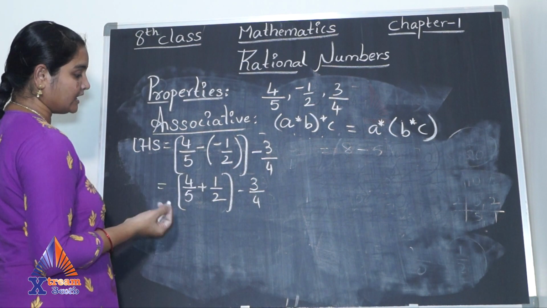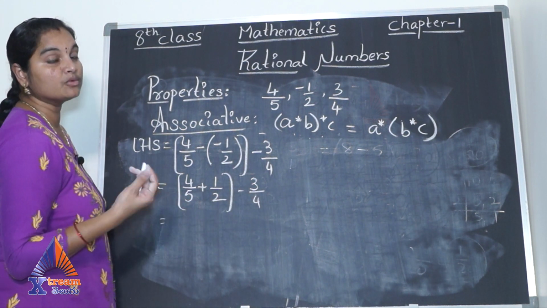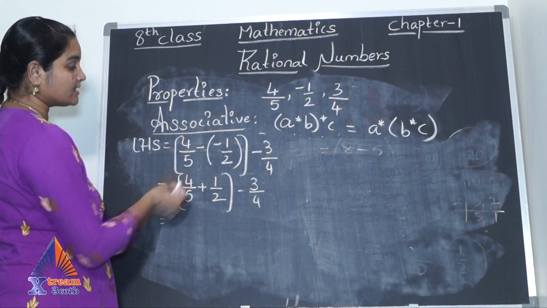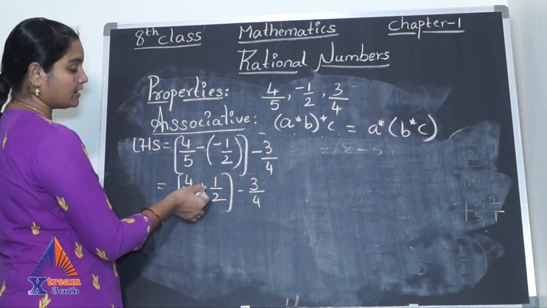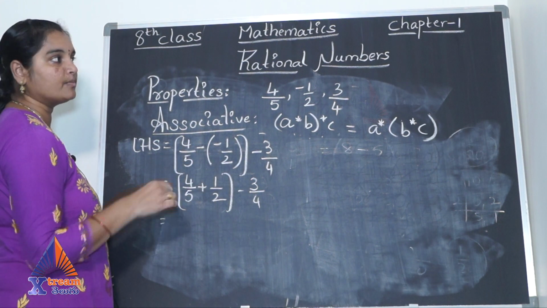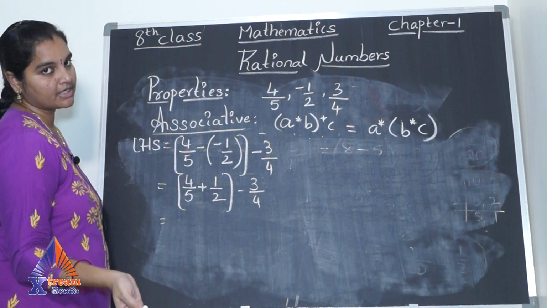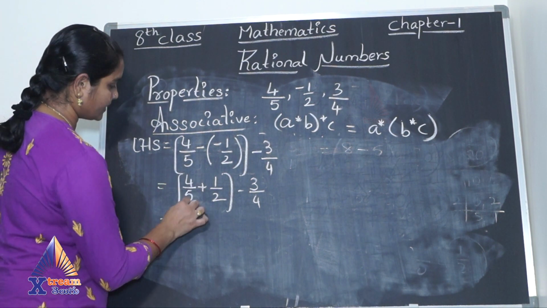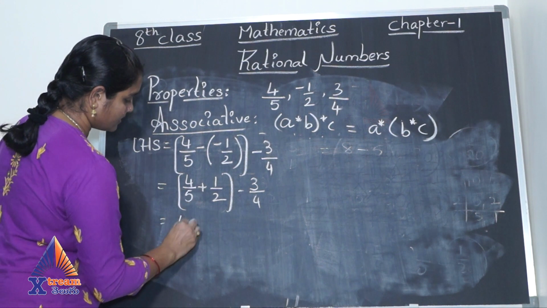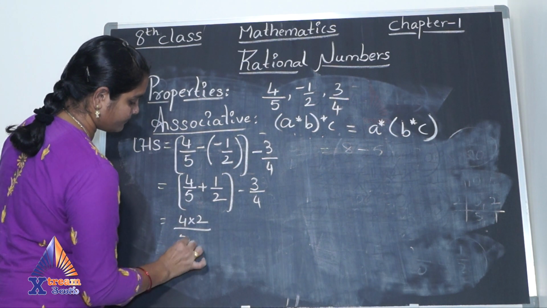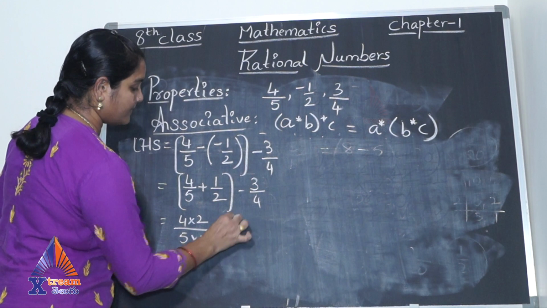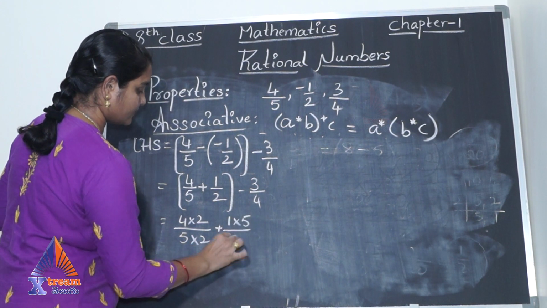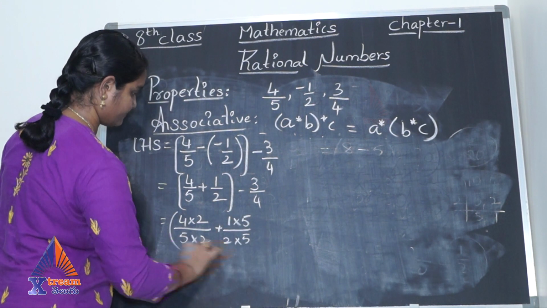While you're dealing with integers, you can't predict the operation. You might have known this already. You may start with subtraction but end with addition, or start with addition and end with subtraction. So it's all the game of the signs, and that's a beautiful game. 4 into 2 by 5 into 2 plus 1 into 5 by 2 into 5.